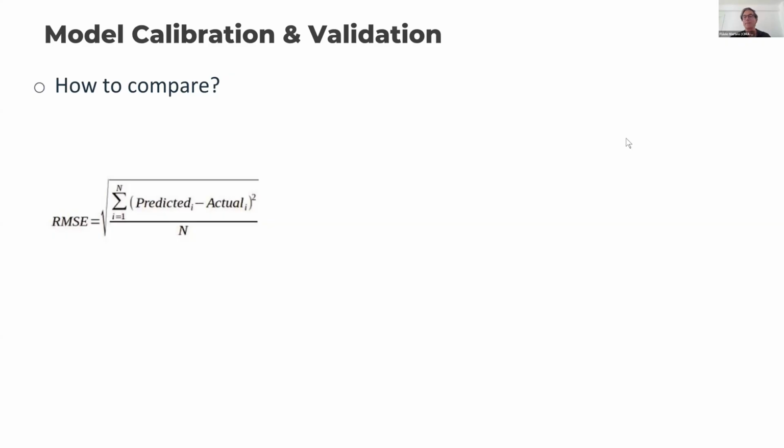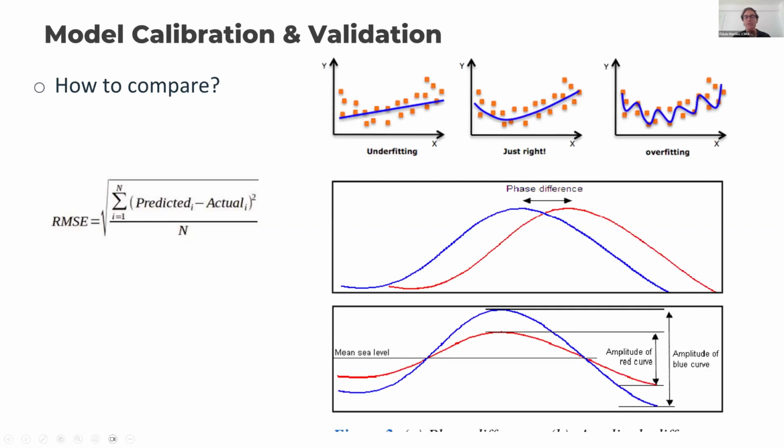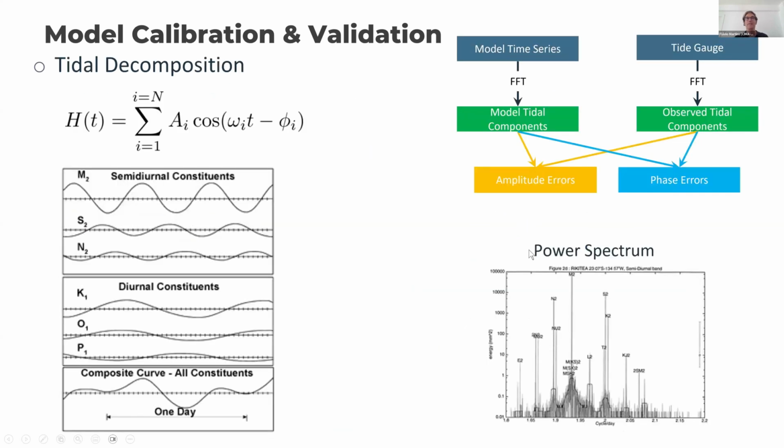Yeah, basically I was just commenting that sometimes the error is not in the value itself, it's in the phase. So when we have processes that have a wave behavior, like for example the tidal processes, sometimes it's a good idea to decompose the values, both the model values and the measurements, into components, like we are doing here.